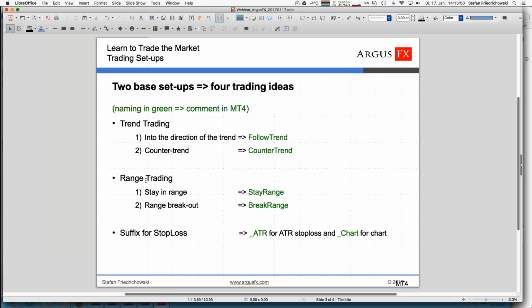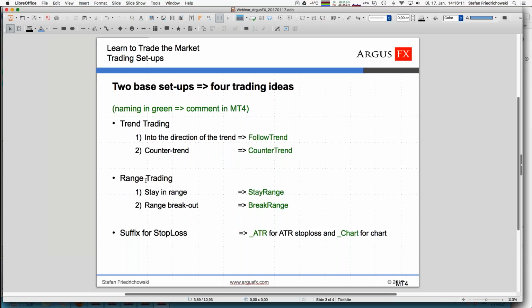And range breakout simply means that we expect that once the price breaks out of that established range, this will be lasting. So it will be a breakout in whatever direction.